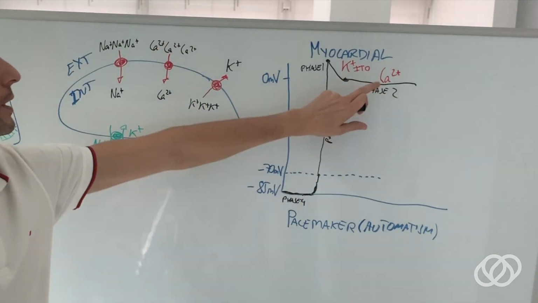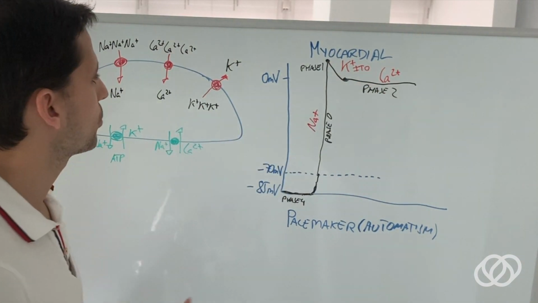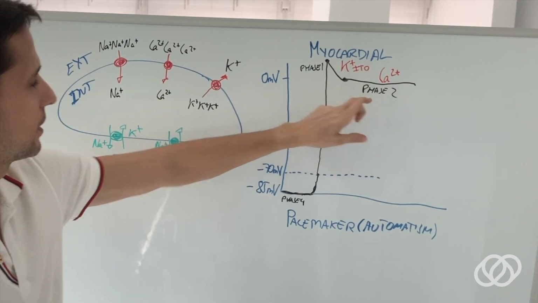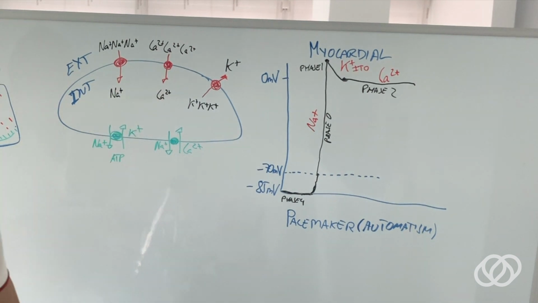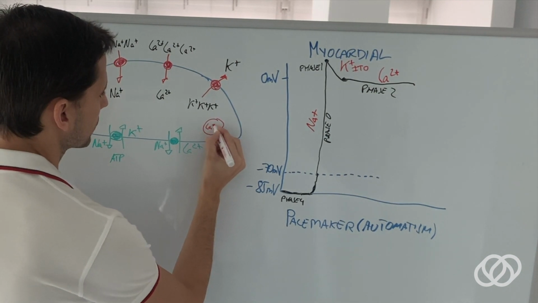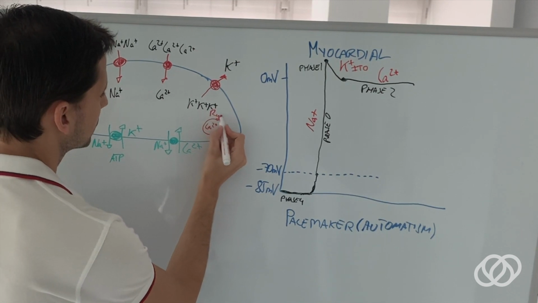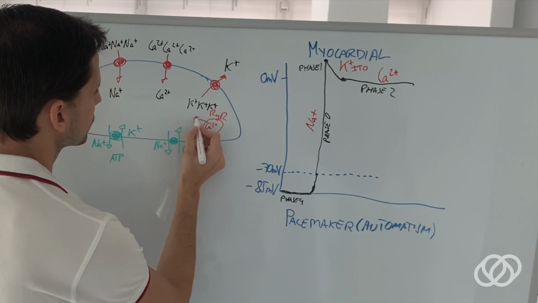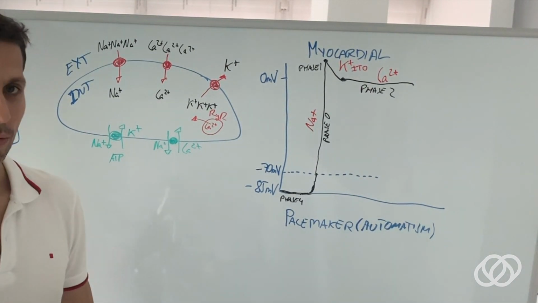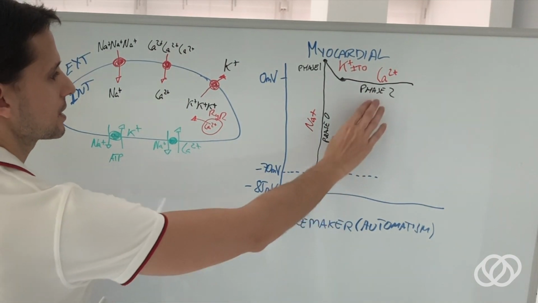In this phase 2, the main character is the calcium, and also the outward flow of potassium that continues here. At these times, there is calcium entering the cell. We have also the sarcoplasmic reticulum here with calcium, that when it senses the calcium going in by the ryanodine receptors will bring more calcium inside the cell, and then this calcium will join the troponin and myosin system and will start the contraction of the cell. So at this stage is the contraction of the cell.